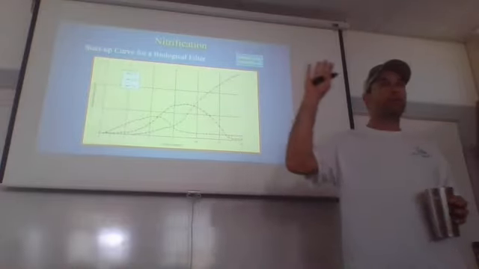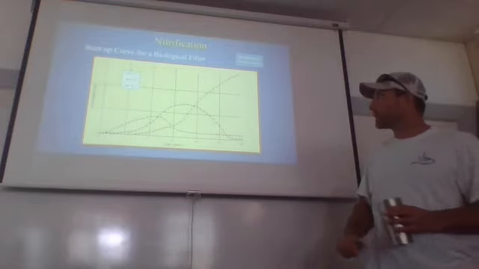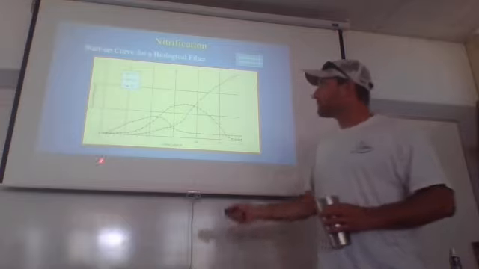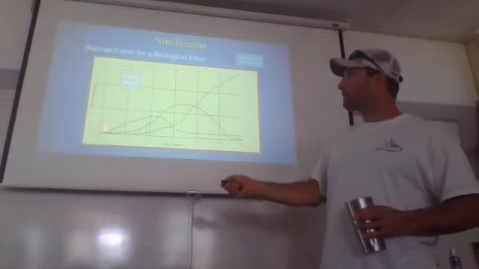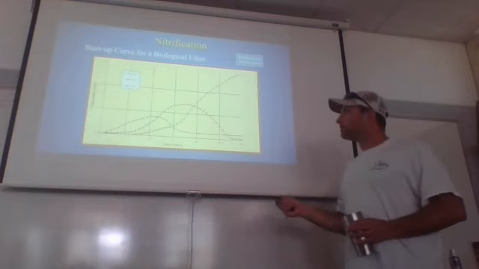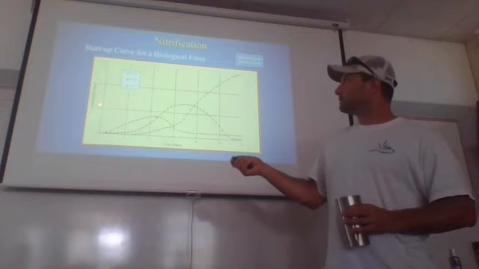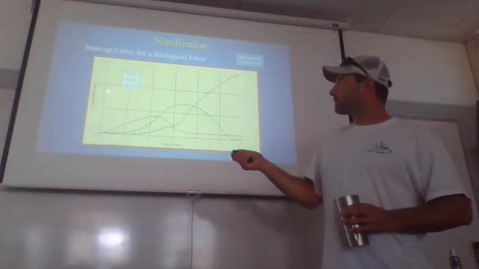What you're trying to do is create this graph with real-time data. Here's your concentration on the side, and here's your time. What you guys did was go straight in and dose it up to somewhere in here with ammonia.